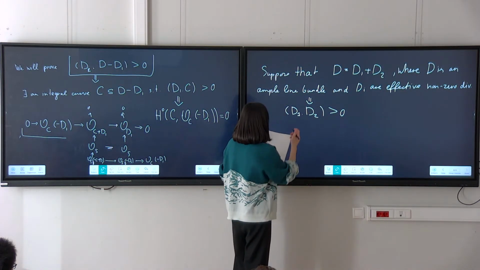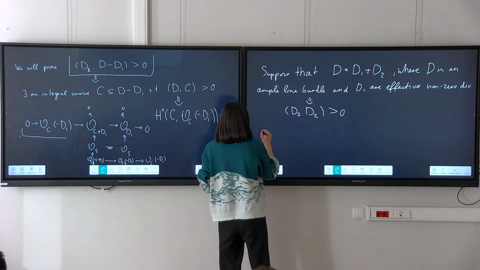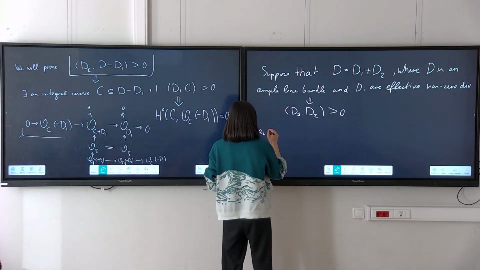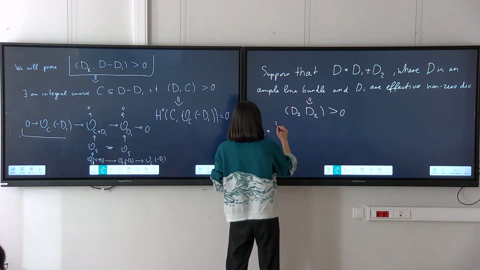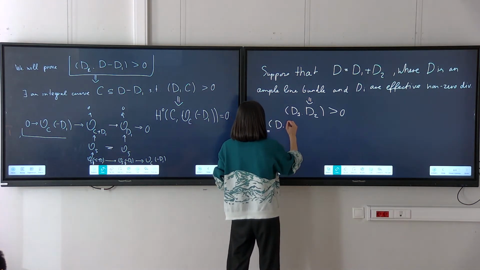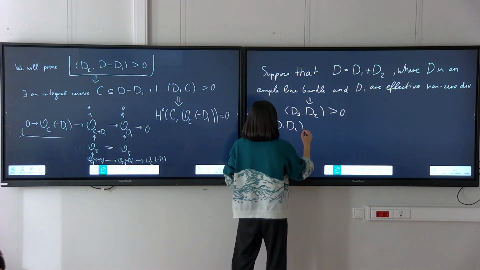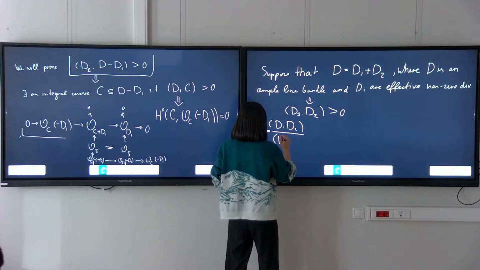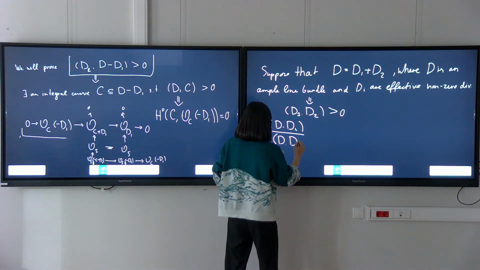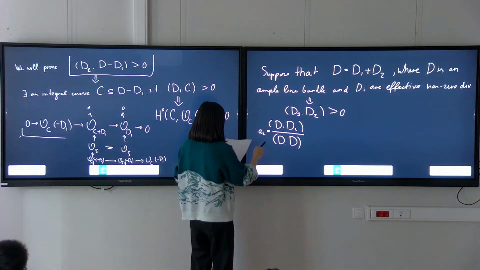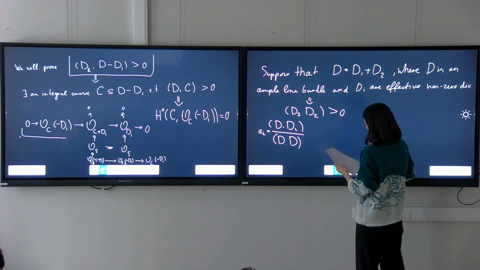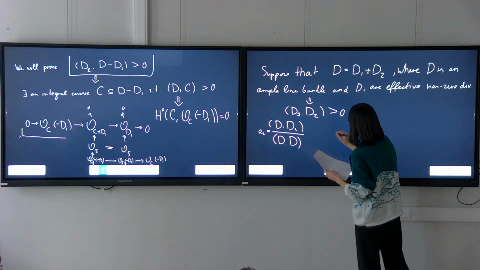Okay, and how can we prove this? So we consider two numbers, A_i, that are equal to the intersection of D with D_i, and then here we take self-intersection of D. Then what we have?